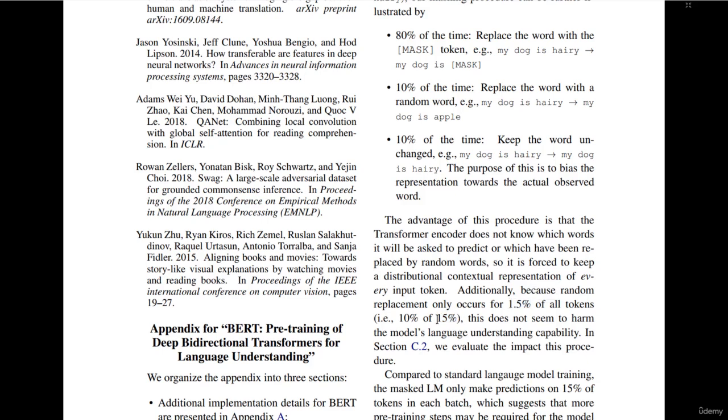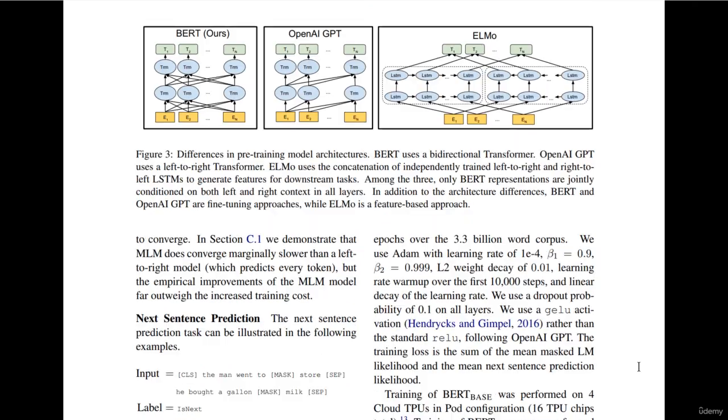The 15% are the randomly chosen tokens which we want to mask, and the 10% comes from where we select a random token in the vocabulary. Although these masked language models do not converge as fast as left-to-right models, we prefer using them since the improvements we get outweigh the training cost.